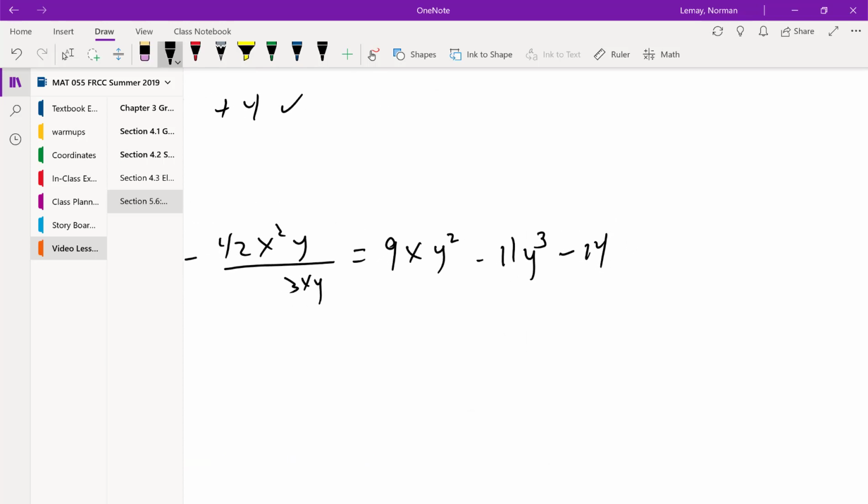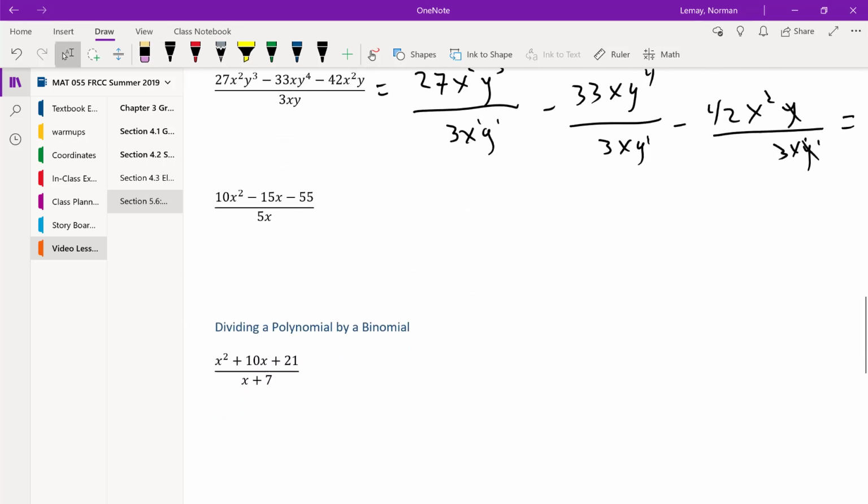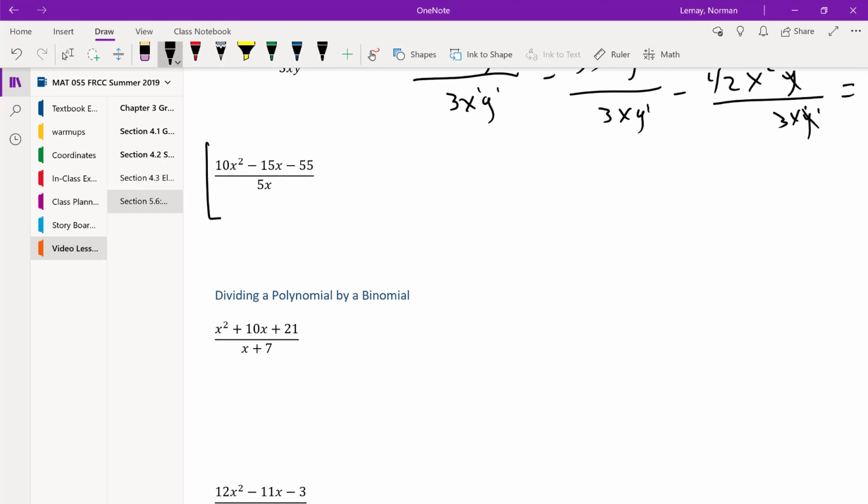So again, notice that these are to the first power, so 2 minus 1, so we get an x, and then here the y's drop out, so we get y. So that would be our final answer. Okay. How about this one? Tell you what, you do this one and bring your answer back into class. We'll talk about that one in class.